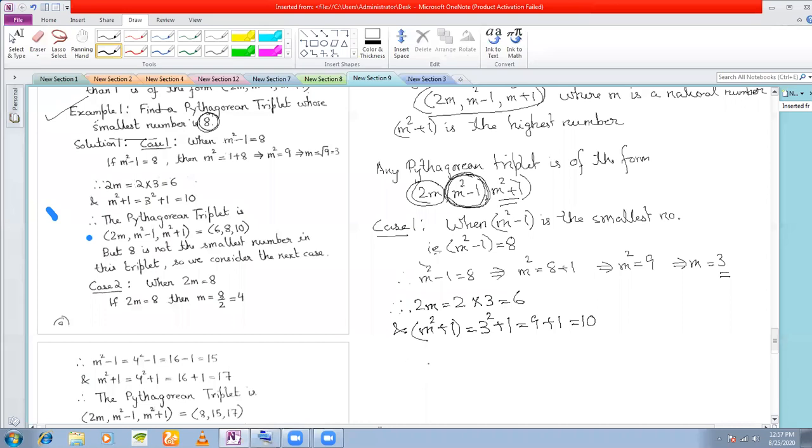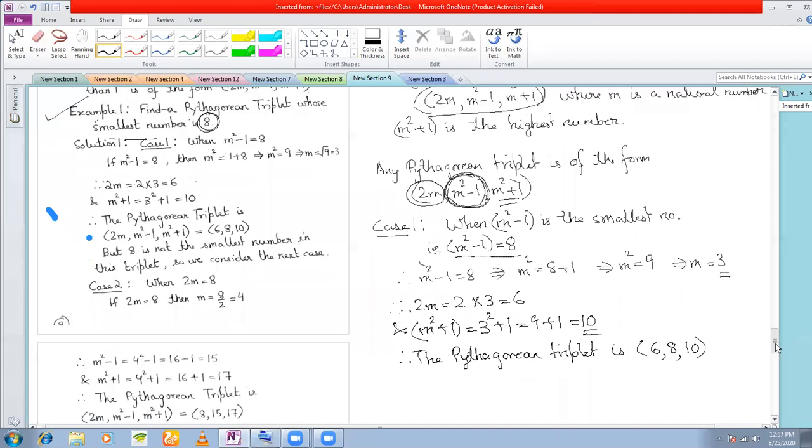Therefore, the Pythagorean triplet is 2m, which is your 6. Then you have m square minus 1, which is equal to 8. And lastly, m square plus 1, which you have found to be 10. Okay, this is your triplet.